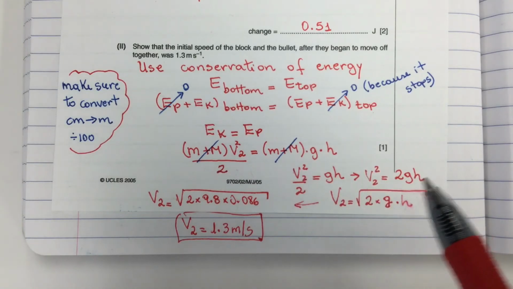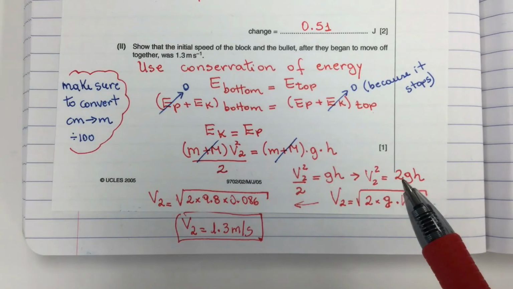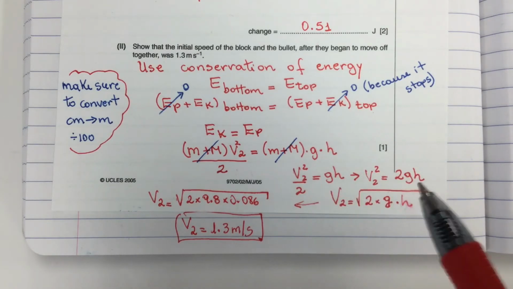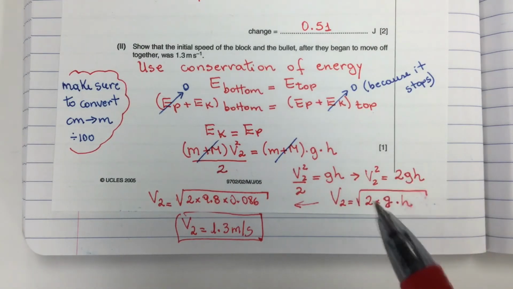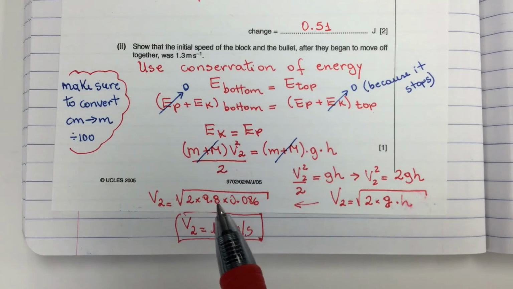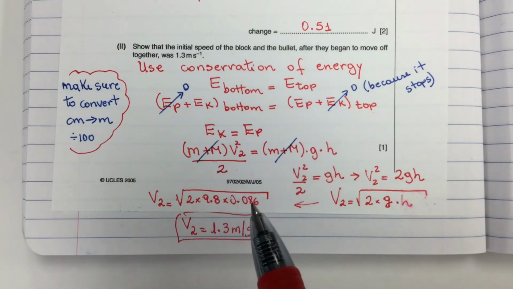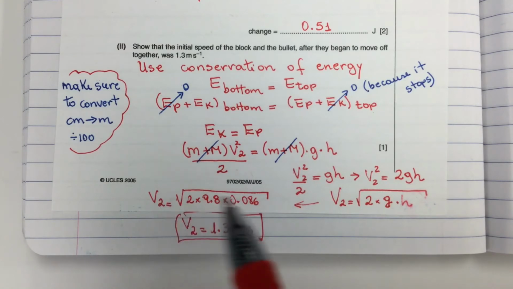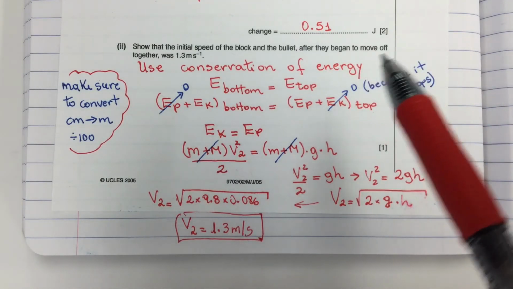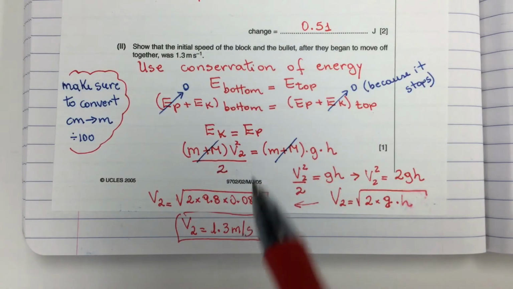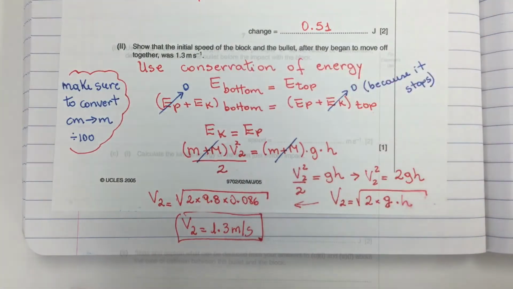Doing cross multiplication, v2 squared is equal to 2gh. Doing a square root on both sides, v2 is the square root of 2 times g times h. Our g is 9.8, our height is 0.086. Solving all this, we have the velocity with which the block and the bullet began to move off together, 1.3 meters per second, exactly how it's shown here.